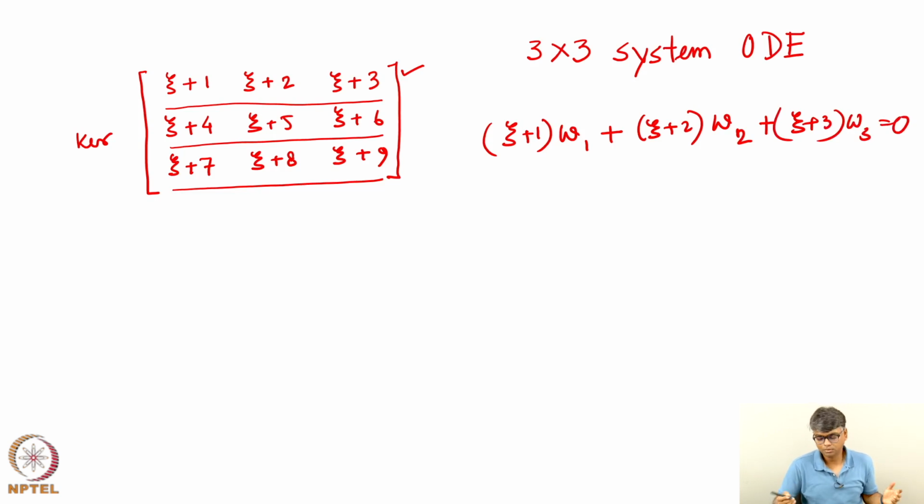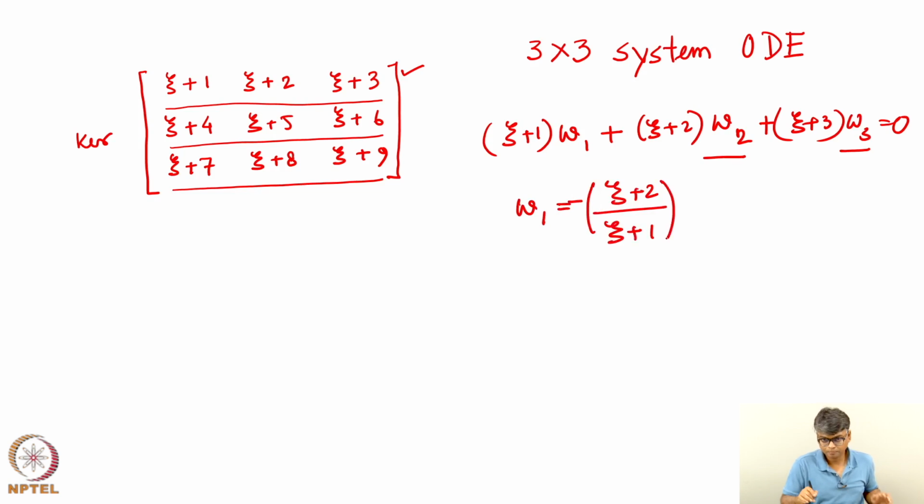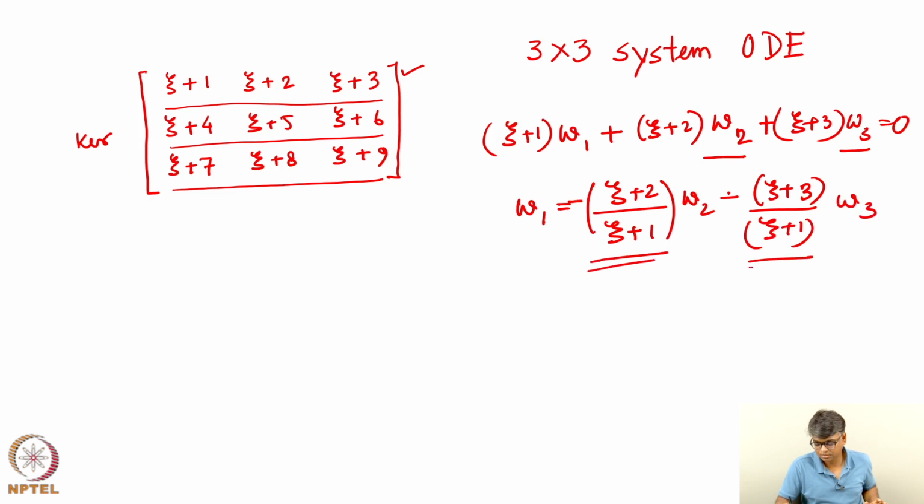Like in the case of linear equations, you can take w2 and w3 to be arbitrary C infinity functions, and then w1 is given by minus (xi plus 2) over (xi plus 1) times w2 minus (xi plus 3) over (xi plus 1) times w3. This is only representational; this ratio doesn't really make sense as of now. You can take this as a transfer function and use Laplace transforms to find a solution w1, but that is for this equation standalone.